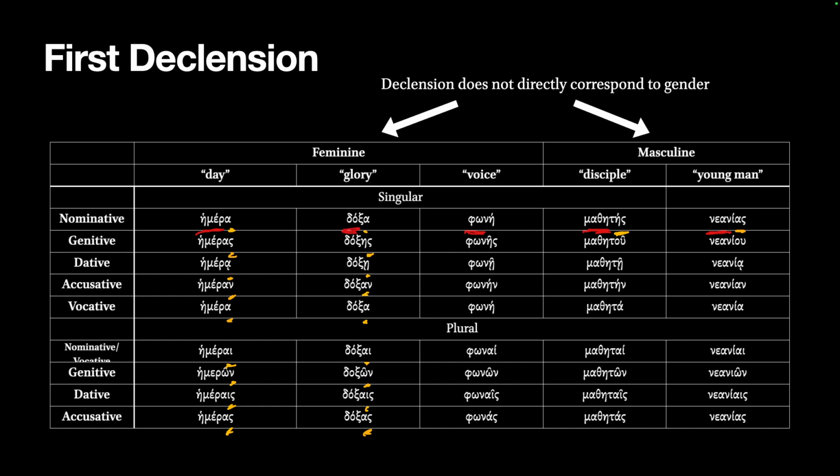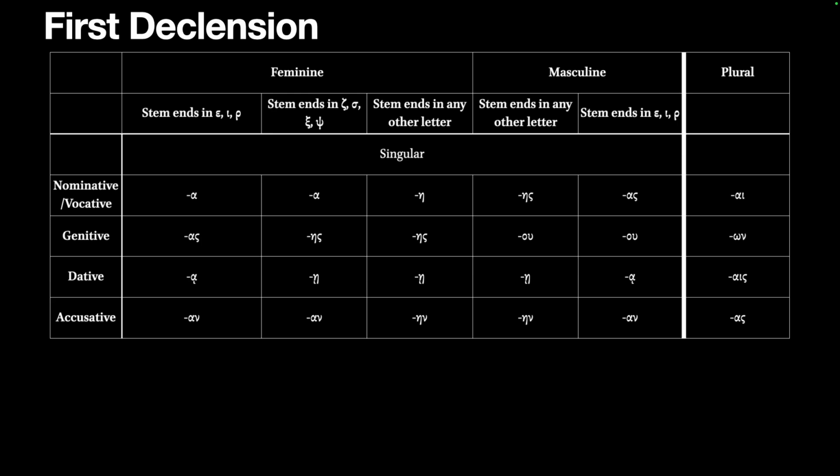And then again, in the vocabulary list, or in a Greek dictionary, you would see after this word a comma and then the definite article, either eta or ho, indicating the gender. So this is going to be the masculine definite article, and this is going to be the feminine definite article.